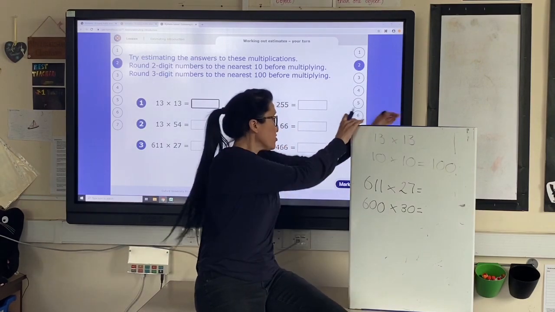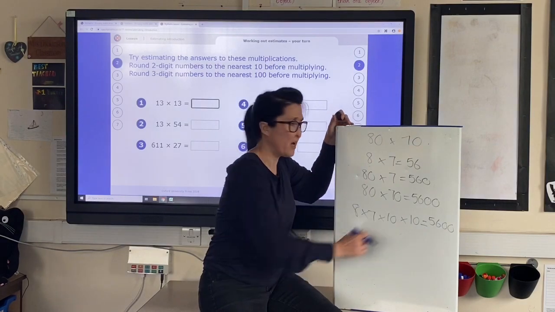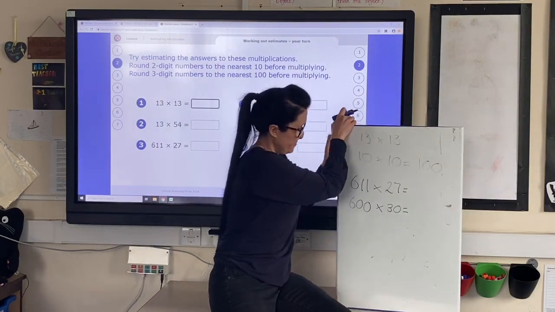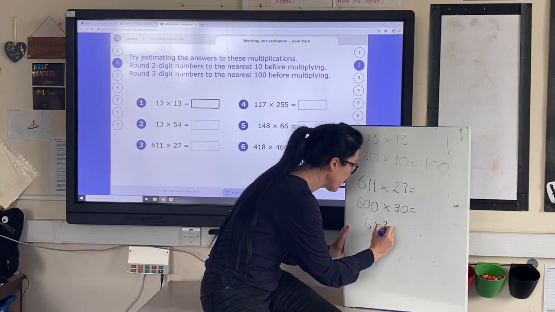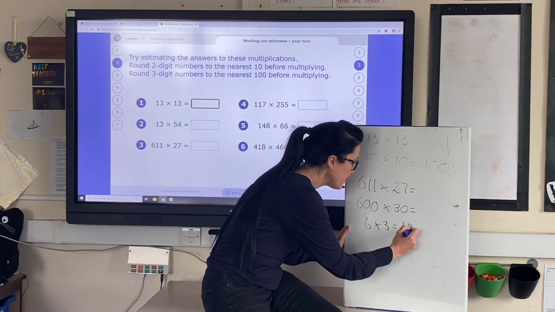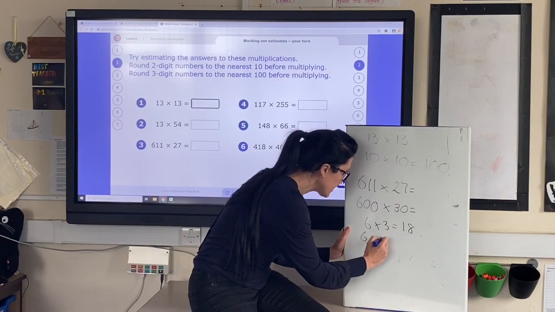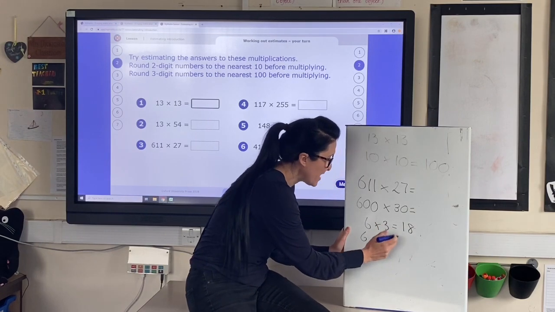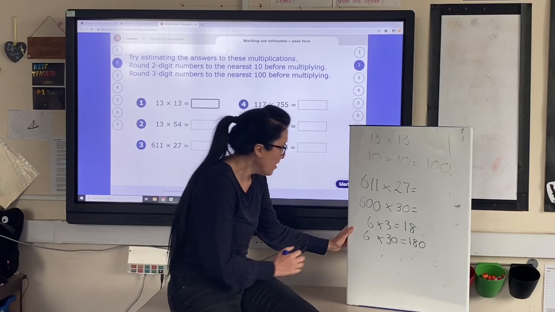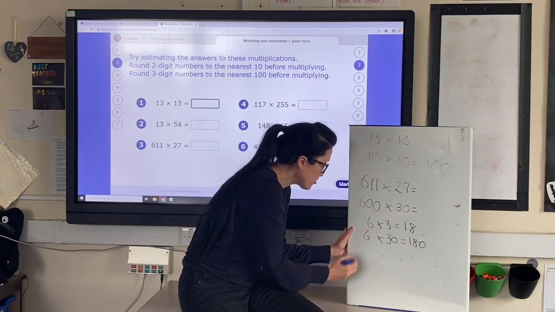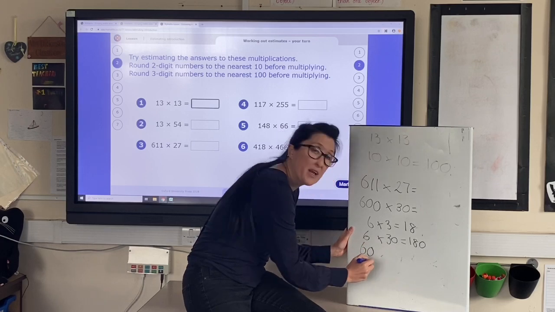So we can use the strategy that I went through here to help you work it out. So we use what we already know. I'm going to start off with 6 times 3. 6 times 3 is 18. So if 6 times 3 is 18, then 6 times 30, which is 10 times bigger, is 180. But I don't want 6 times 30, I want 600 times 30. So I'm going to take it back up in increments of 10.